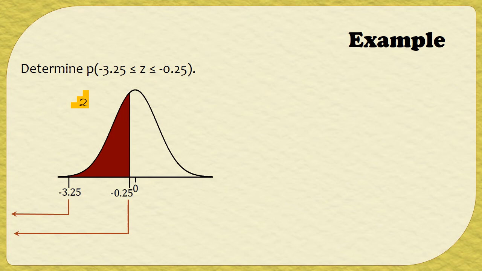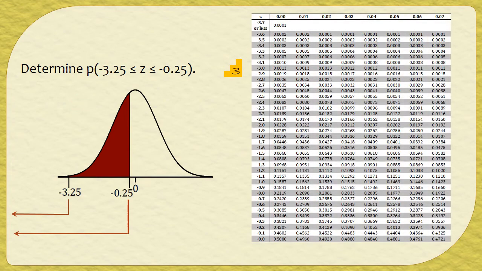This concludes step 2. Step 3, remember, is to look up our z-scores on the standard normal table. Because we have 2 z-scores, we're going to have to look up both of them and write both of them on those arrows. When I look up the negative 3.25, I get 0.0006.